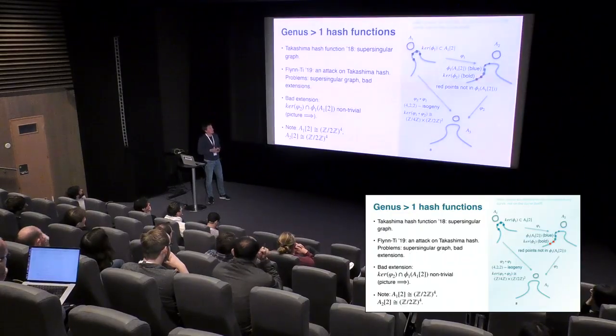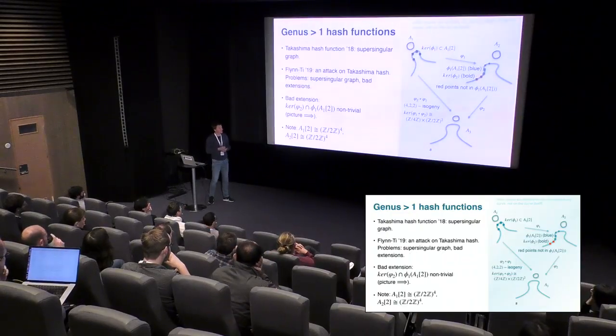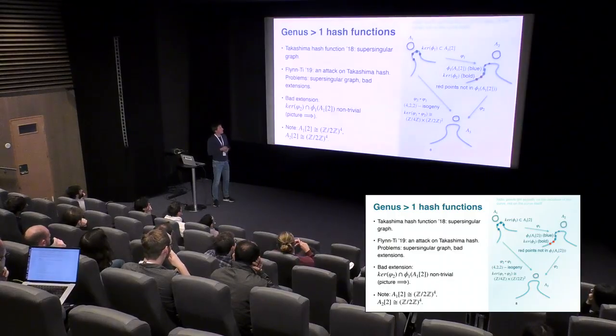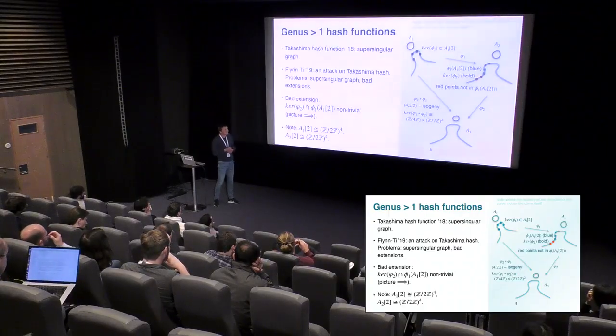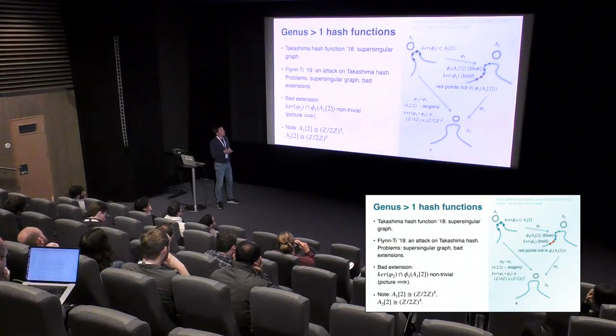So can we generalize these hash functions towards higher dimensions? Yes, we can, and before our work there were a couple of such constructions. The first one from Takashima in 2018. But the problem with this hash function was that you need to be careful when you are composing two isogenies.